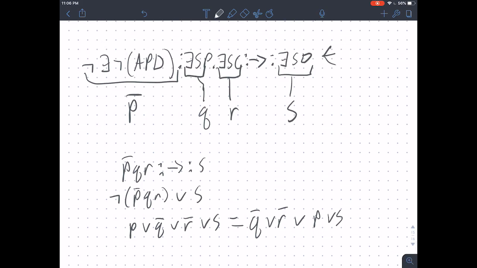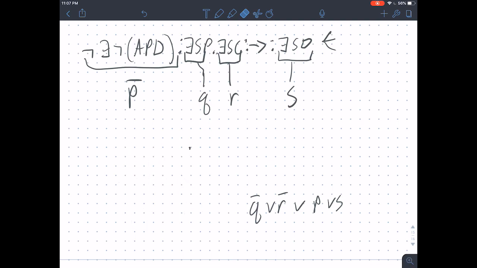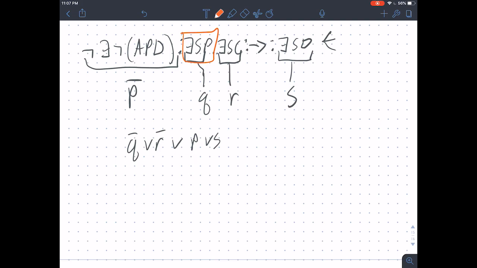Okay, so now that we've converted this into conjunctive normal form and we've arranged it like that, what we're going to do is we're going to plug back in our Boolean existence schemata. And remember, so this goes to Q, but Q's negated here, so we have to remember to negate it when we plug it back in.